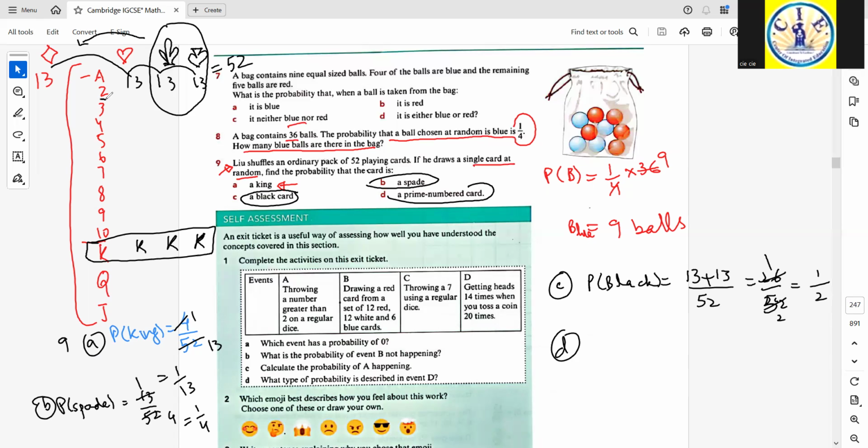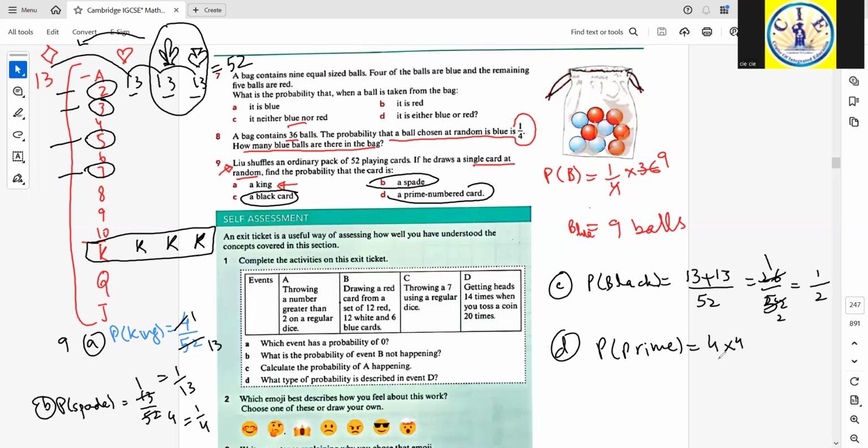And for part D, a prime numbered card. Okay. 3 is a prime number. 2 is also a prime number. 5 is a prime number. 7. That's it. So 1, 2, 3, 4. 4 from this, 4 from this, 4 from this, and 4 from this. So probability of a prime card is going to be 4 times 4.